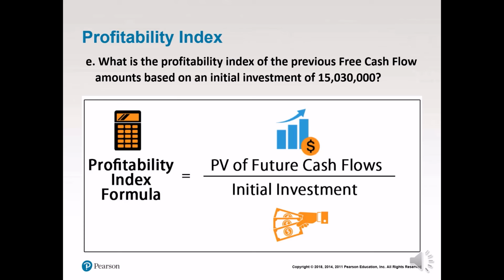This is a similar comparison as we did in the previous slide where we calculated the net present value, but this will give us a ratio. We're looking for a number that is 1 or greater. That will tell us that our present value of future cash flows are greater than our initial investment.